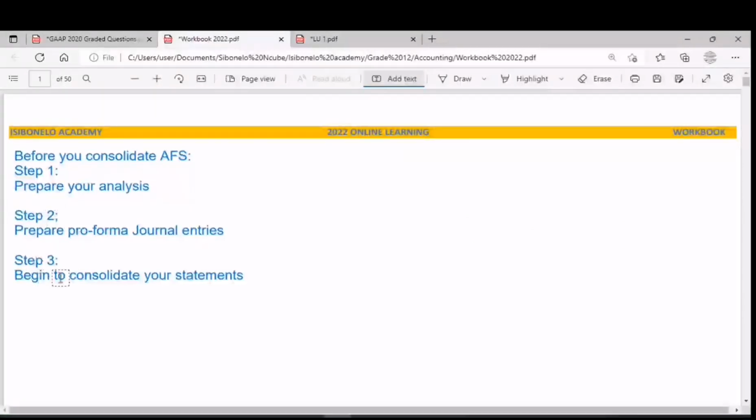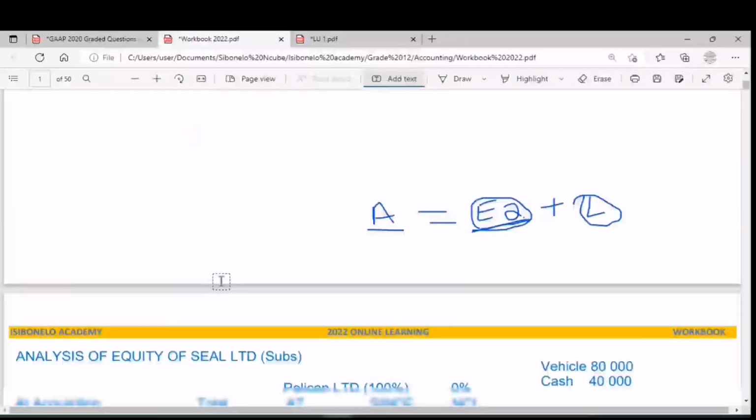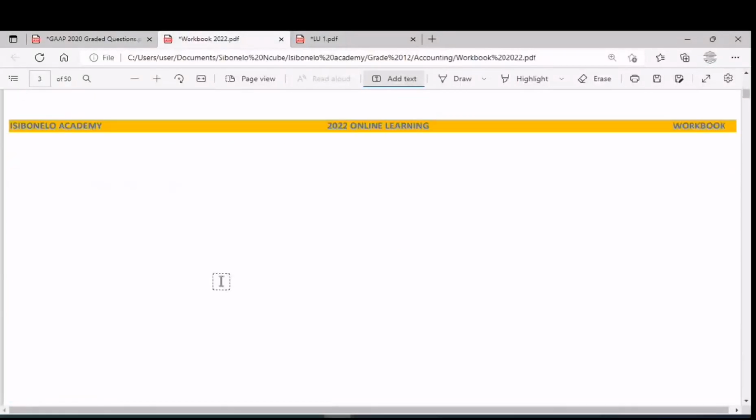Now we go to step 3: begin to consolidate your financial statements. Guys, go back to the presentation, IAS 1, presentation of financial statements. When we present, we first write the name of the group. Remember that with individual companies, you first wrote the name of the company, then the name of the statement you prepare. Here we are not doing a company statement but a group statement, because we are consolidating for the group.